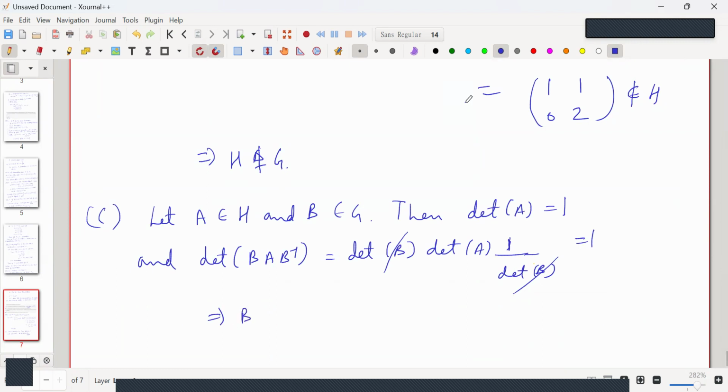This implies B A B inverse belongs to H, and hence H is normal in G.